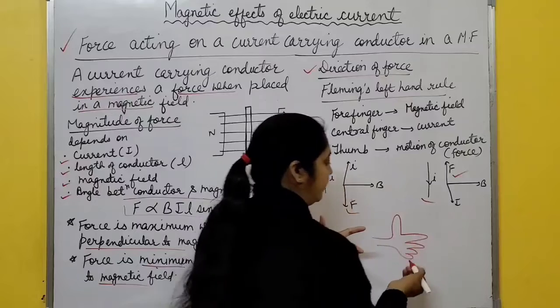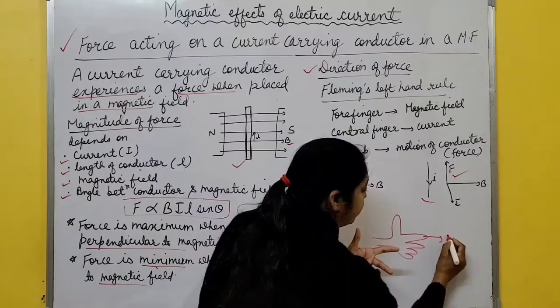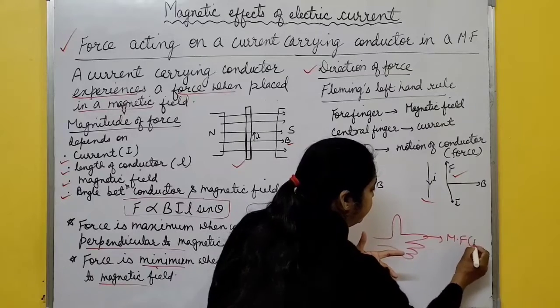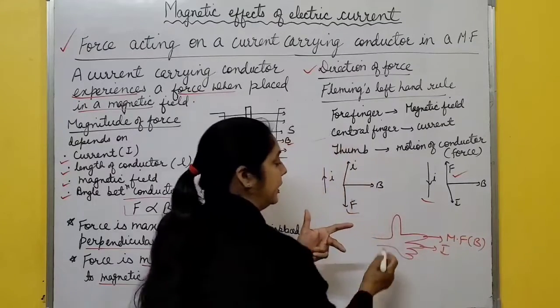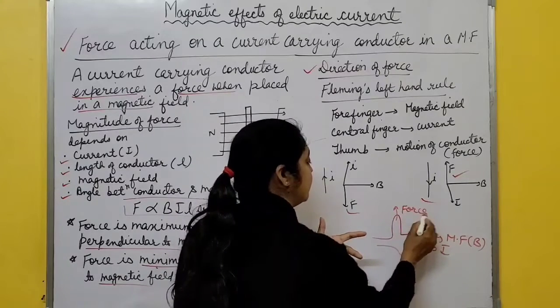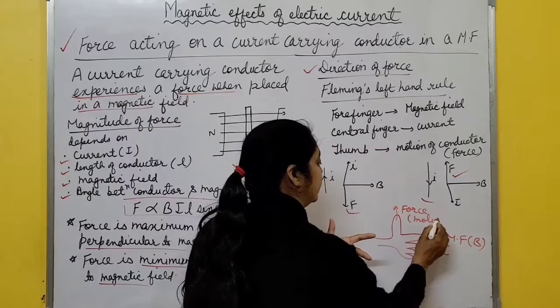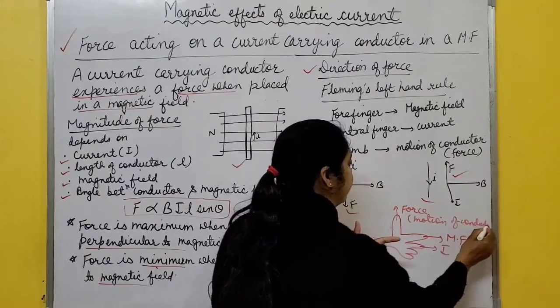Okay, roughly I am drawing. So this forefinger represents direction of magnetic field B. This central finger represents direction of current. Then this thumb represents direction of force, or you can say motion of conductor. Right? This is Fleming's left hand rule.